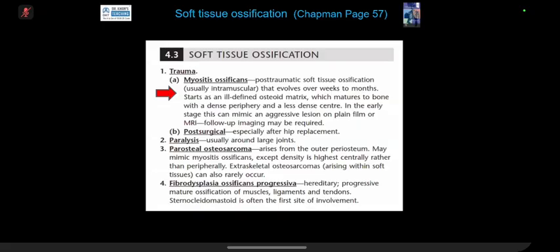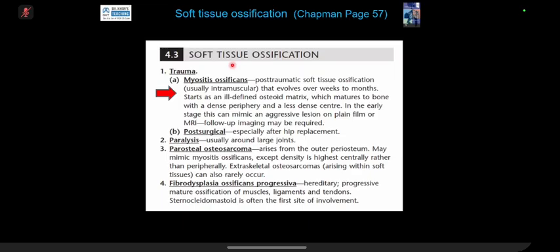On the other hand, because in the differential you did mention myositis, I also want to teach you how to differentiate it from myositis. Please remember that in your Chapman, there is a differential diagnosis, soft tissue ossification. Do not confuse it with soft tissue calcification, which I already showed you.